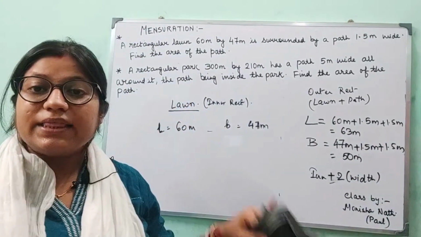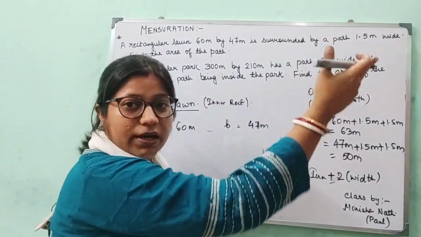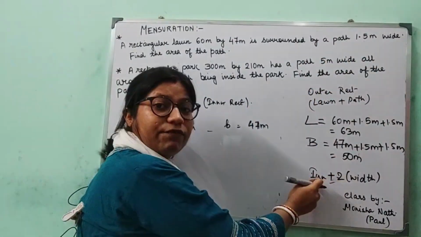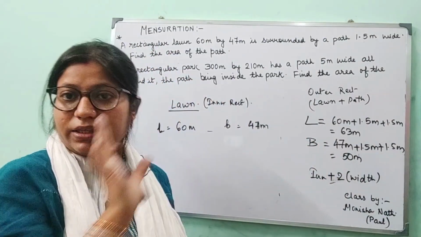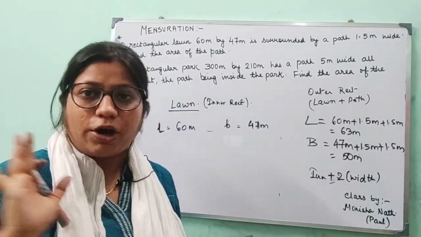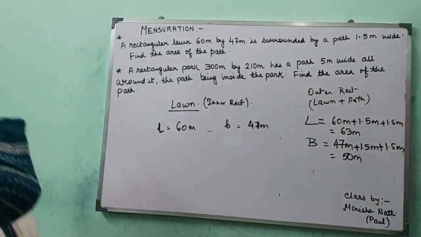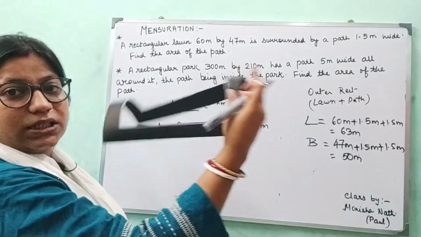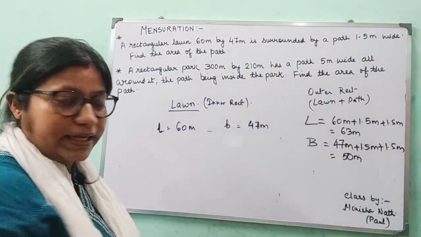That is the normal procedure, normal formula. Now, to get the area of this part, we will find the area of the outer rectangle minus the area of the inner rectangle.